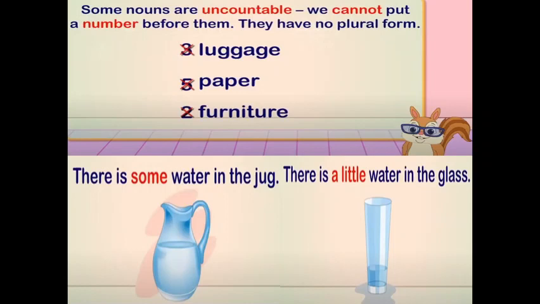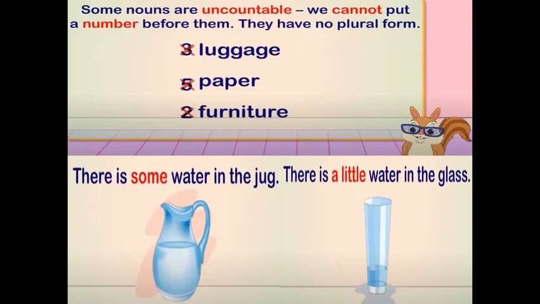There is some water in the jug. Now you can see there is a jug and the water is there in the jug, but can we tell how much water that is? No, we cannot tell that in number. We cannot identify that noun, that water, in number.